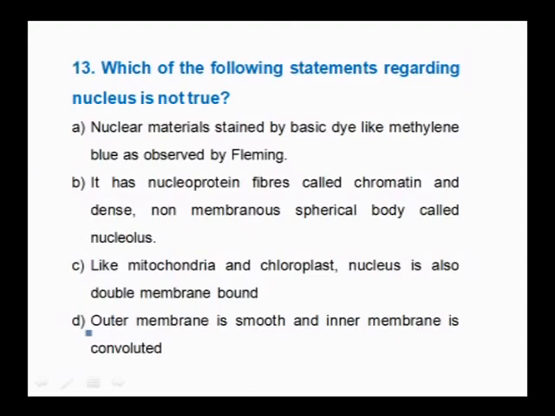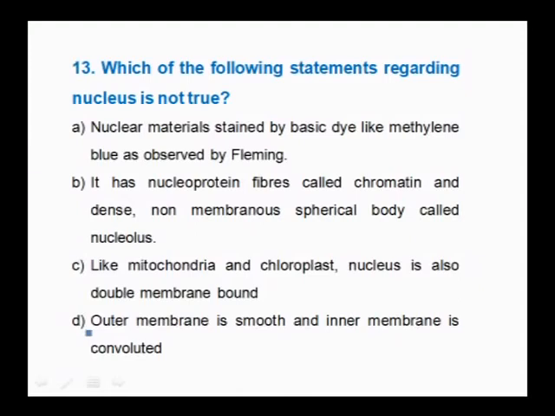C, like mitochondria and chloroplast, nucleus is also double membrane bound. Option D, outer nuclear membrane is smooth and inner membrane is convoluted. So out of the 4 statements, we have to identify the statement which is not the right one.